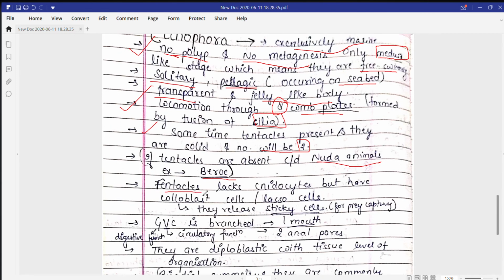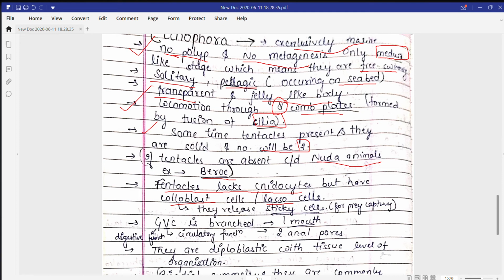Tentacles lack cnidocytes. Cnidocytes are found in coelenterates, but in ctenophores they have colloblast cells, or lasso cells. Do not confuse these with the coelenterate lasso cells; this is different. The colloblast cells release a sticky secretion, which is required for capturing the prey.